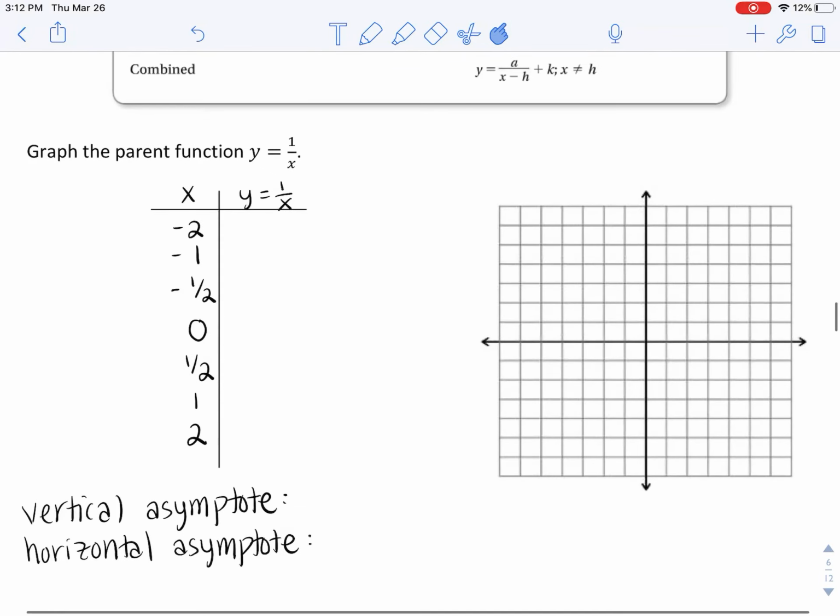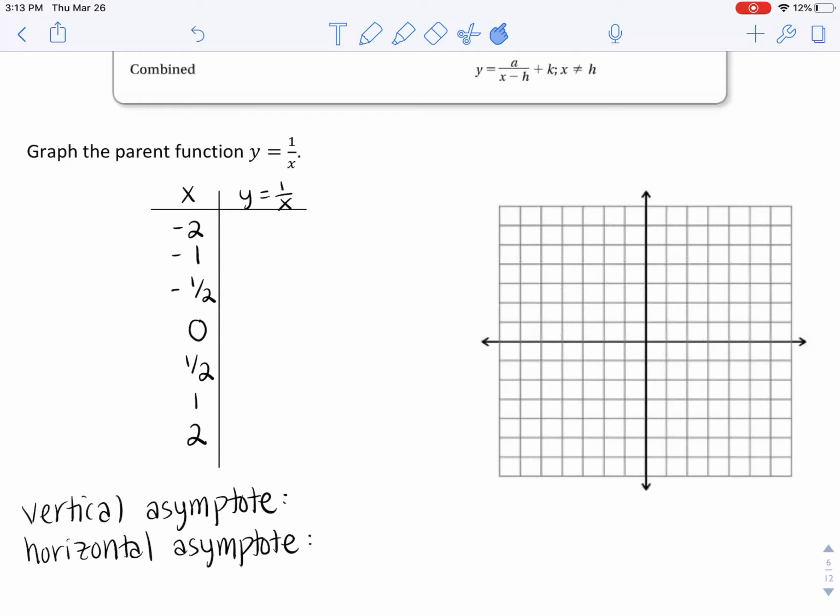So we're going to pick some x values to substitute in. This time the only even integers that divide into 1 are 1 and negative 1, which doesn't give us much information about the graph. So I picked some other x values to substitute in to find other y values for this graph here. So like I picked negative 2, negative 1, negative 1/2, 1/2, 1, and 2.